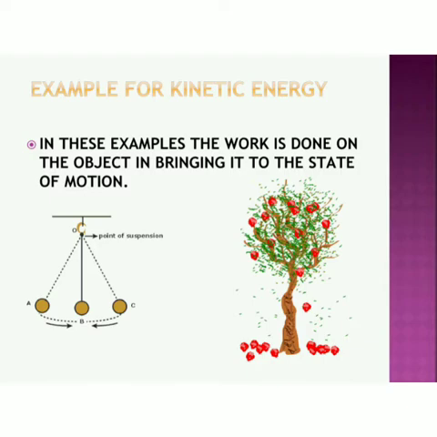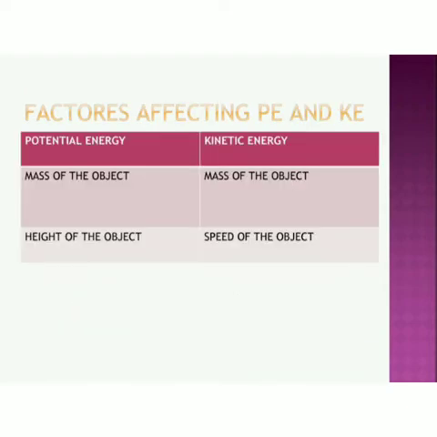And next, what are the factors affecting potential energy as well as kinetic energy? For potential energy: mass of the object and height of the object. For kinetic energy: mass of the object and speed of the object. First, potential energy. An object having a greater mass has more potential energy, and an object placed at a greater height has more potential energy stored in it.